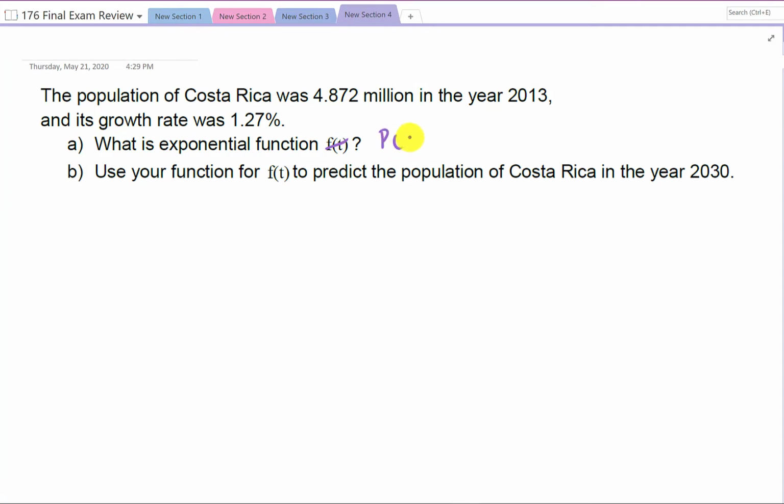I think P of t makes more sense for population. So let's define P of t equaling the population. But we're going to count people by millions of people. And t equals years. But not years from 0 from when Jesus was born, but years after 2013.